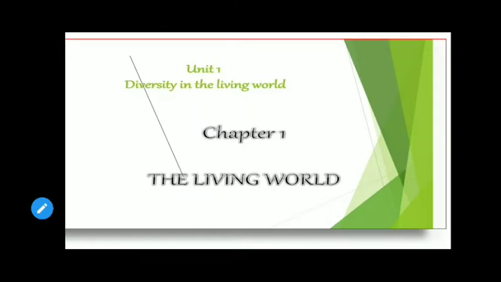As we try to identify and define living things, certain characteristics like growth, reproduction, response to environment, etc. come to our mind.